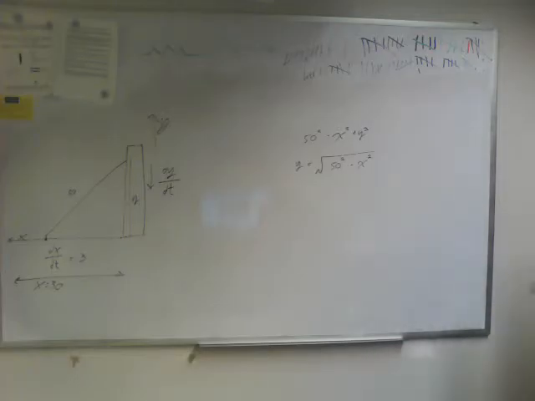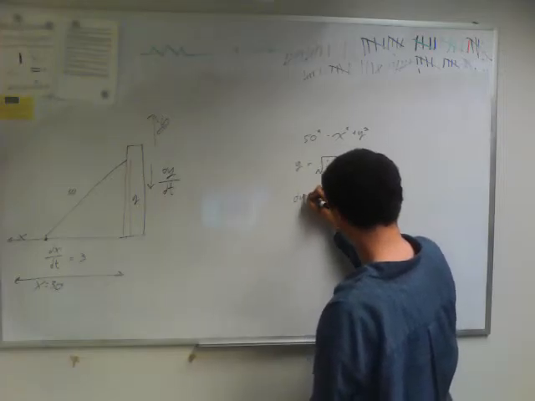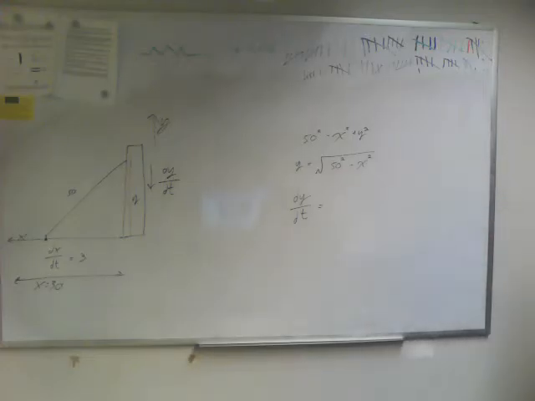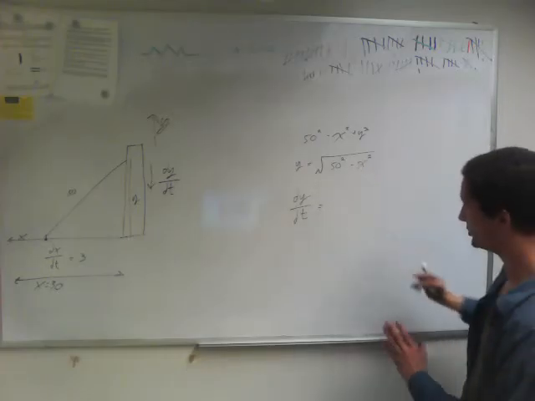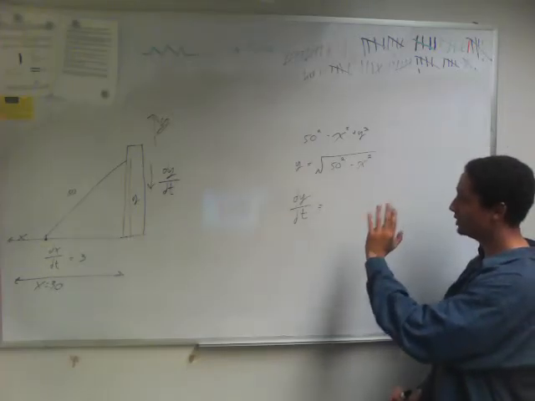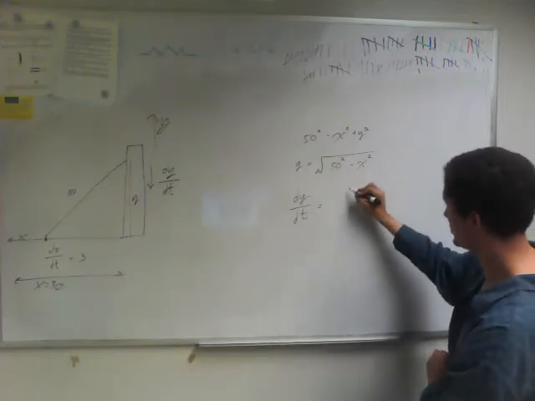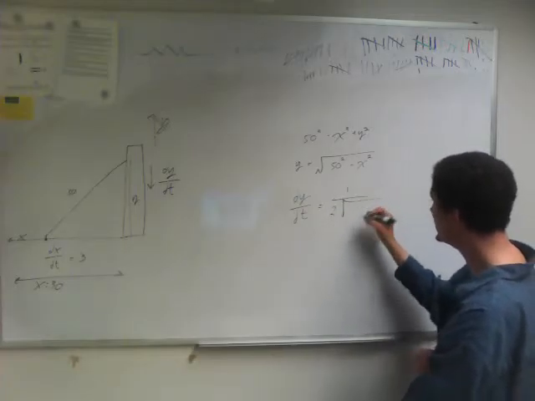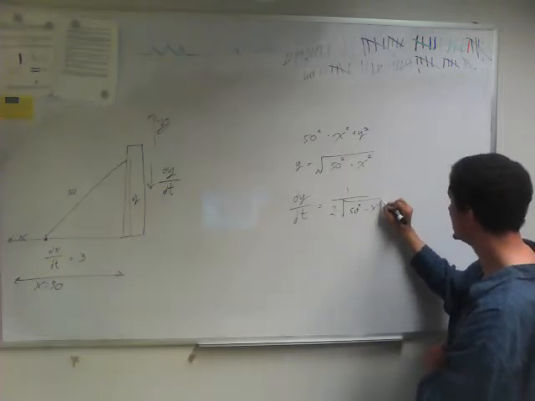Now we're going to differentiate this with respect to time. So we want to find dy by dt. And so first, this is a square root function, and so we have to differentiate y with respect to everything that's under this radicand here. So that's going to be 1 over 2 times the square root of 50 squared, whatever that is, minus x squared.